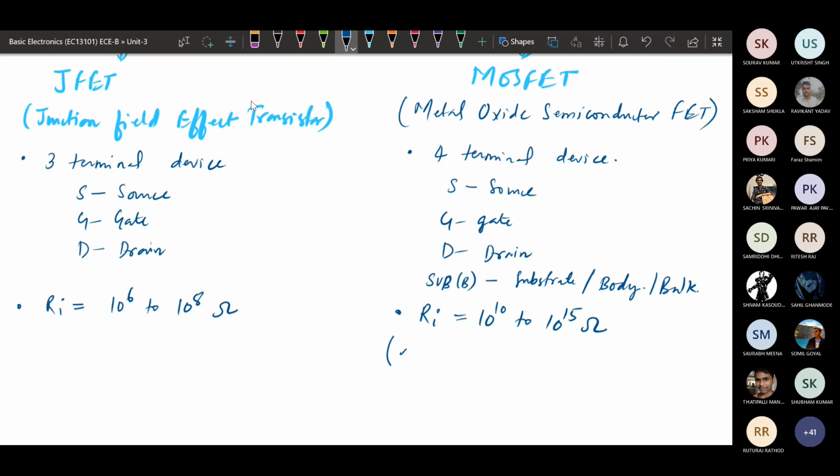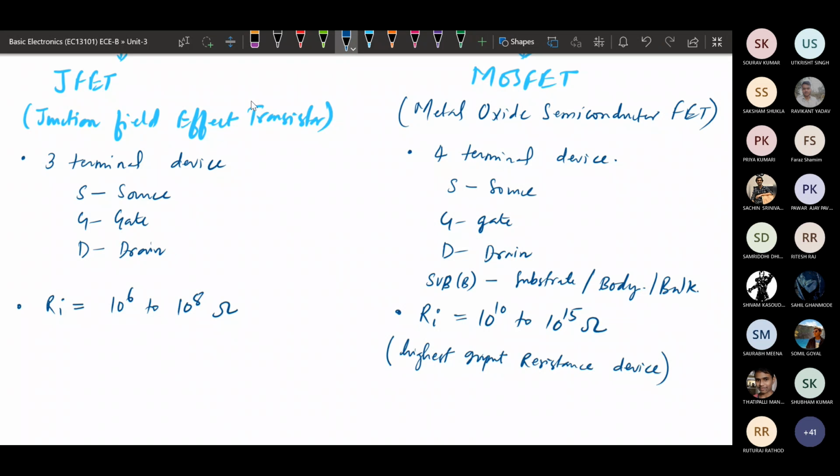It is the highest input resistance device. That's why this MOSFET is most frequently used nowadays. As it has the highest input resistance, it can be applied just before any system is implemented.